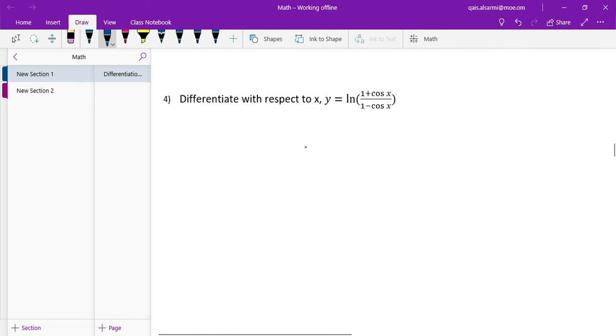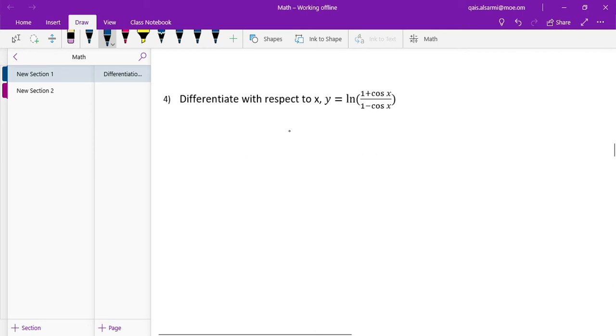this is direct. Differentiate with respect to x, y equals ln of (1 plus cosine over 1 minus cosine). What did we say last time? When you have ln, please use the rules of ln first of all. After this, go to the rules of differentiation or integration.